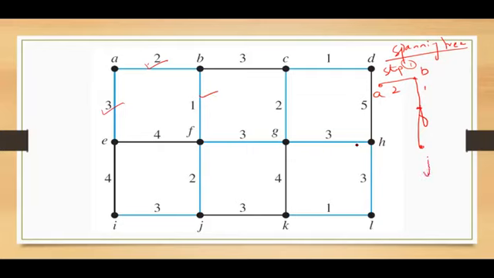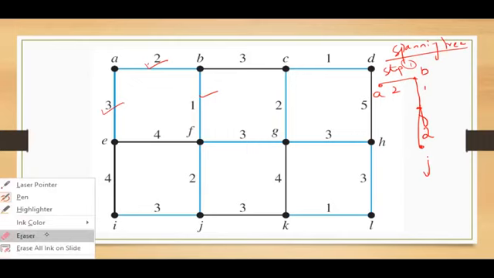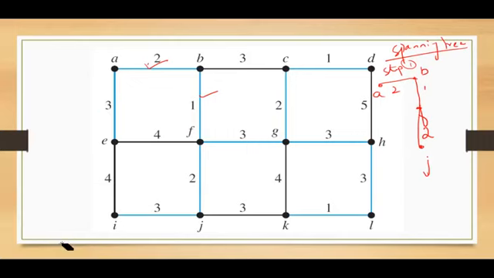One more thing is that you can either add FJ first or AB first. Both of them have the weight 2, so it is your wish. So I'm adding FJ next. Now you have selected 3 edges. Let's highlight them. After that, among these three, which connected edges have the smallest weight?